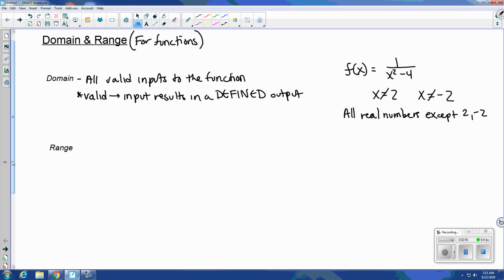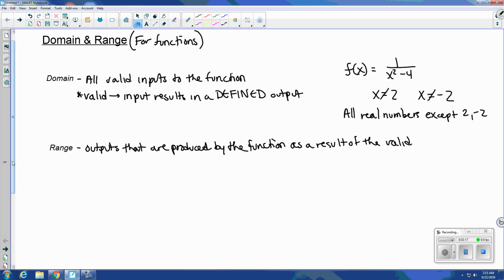Well, that is the range. So the range are the outputs that are produced by the function as a result of the valid inputs.